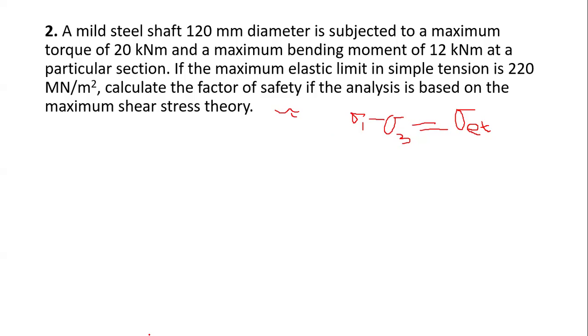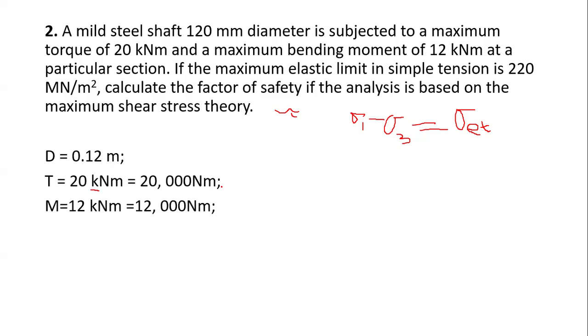So let's start first of all, picking out the information that we have. Number 1, the diameter is actually 120 millimeters. If I divide this by 1,000, it becomes 0.12. Next, I have a torque of 20 kilonewton meters. We've always said that a kilo is 1,000, so I have 20,000 Newton meters. Then aside from that, I also have the moment, which is 12 kilonewton meters.